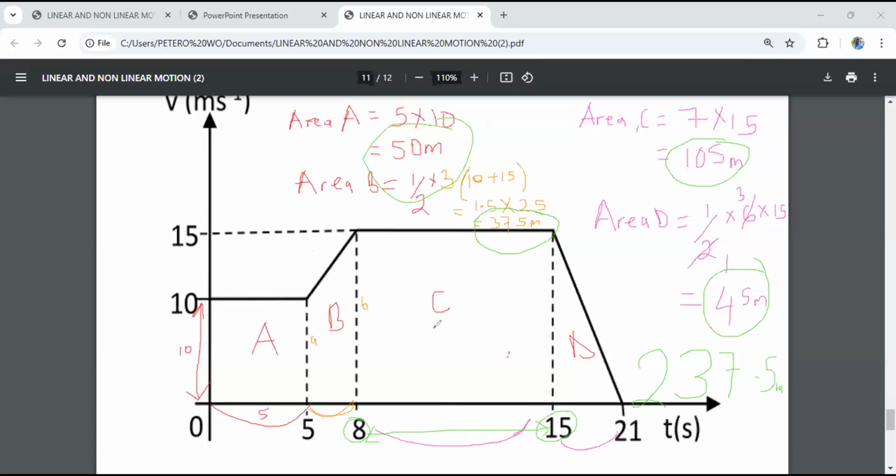So our answer is 237.5 as our distance. And if we divide by the total time, which is 21, we'll be getting 11.31 meters per second as our average velocity.